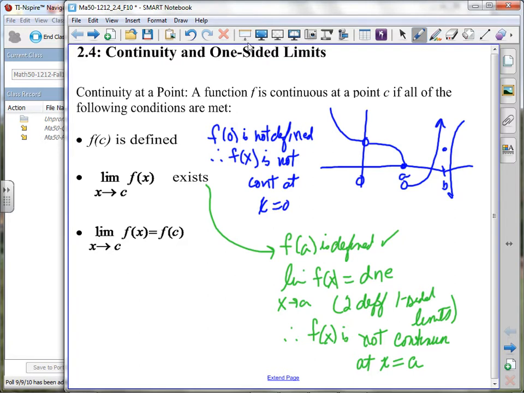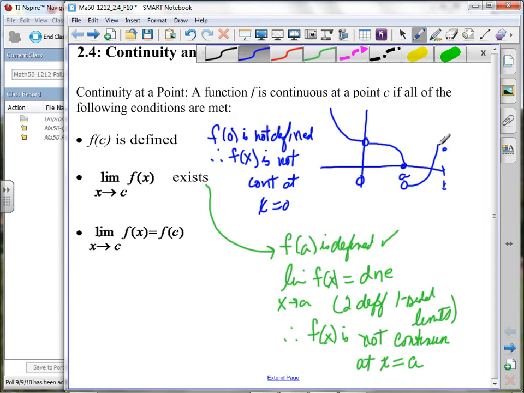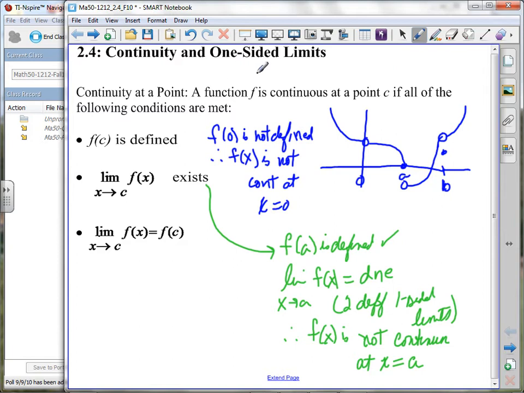Actually, I'm going to go back and change this, because this is not the way I want to draw this for this next one. So let me rearrange this a little bit. There we go. And we'll call that b.